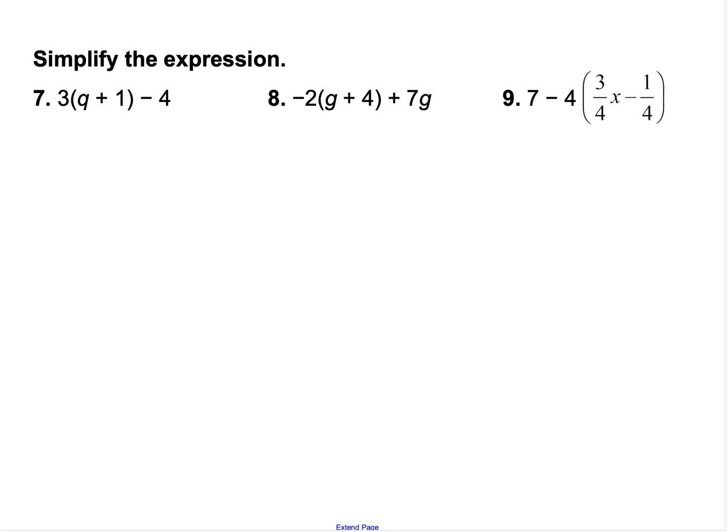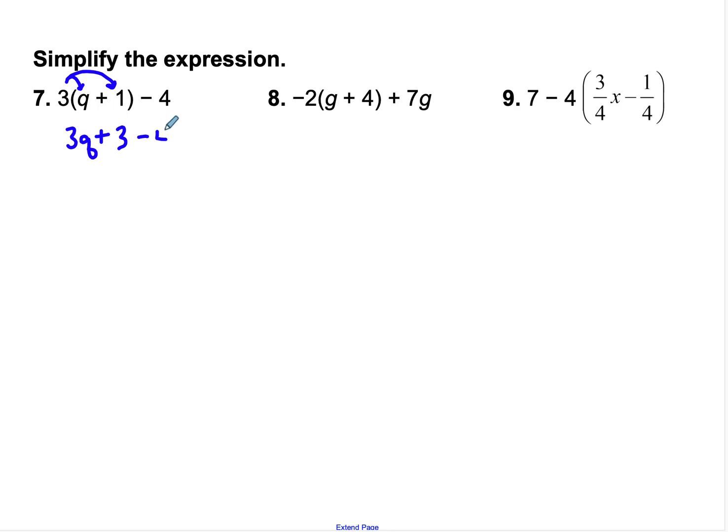All right, let's try these together. For this next one, I have 3 times the quantity q plus 1 minus 4. So 3 times q, 3 times 1 minus 4. Okay, let's see. 3 times q is 3q. 3 times 1 is 3.